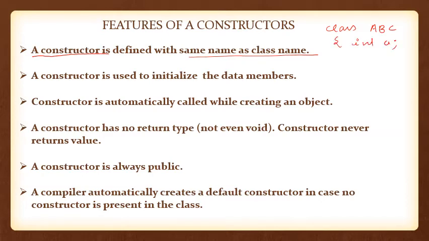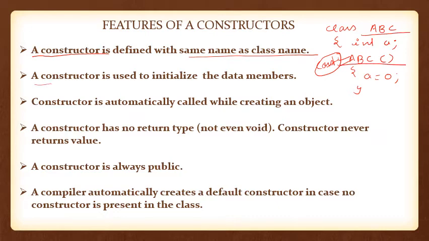If a function ABC() is there with a equal to 0, see, the name of the function and the name of the class are the same. So the function is known as what? A constructor function.